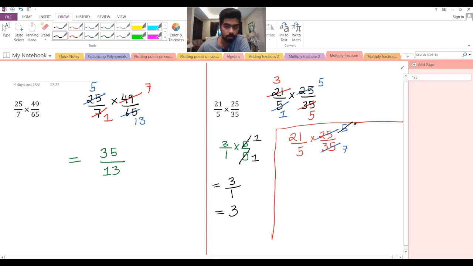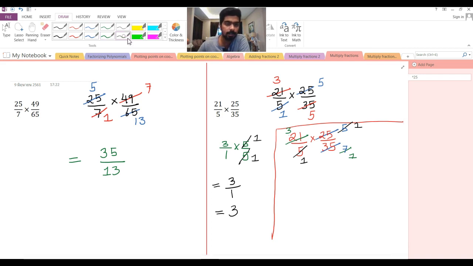So 5 will change to 1, because 5 times 1 is 5, and this 5 will also change to 1. Okay guys, so we divided these two by 5. Now we know that 21 over 7 can also be divided. We know that 7 times 1 is 7, and 7 times 3 is 21.